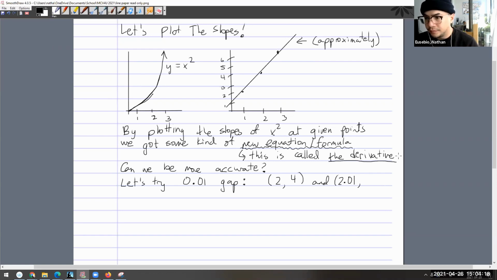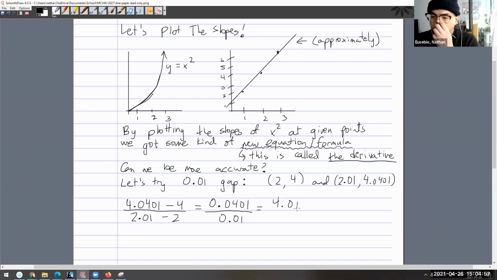4.0401. So that means my slope is 4.0401 minus 4 over 2.01 minus 2. 0.0401 over 0.01. So it's like 4.01, right?